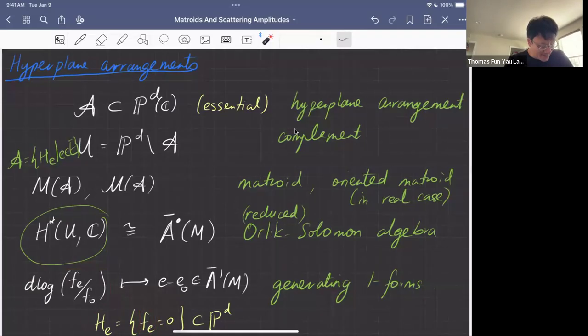If I take the linear function that cuts out a hyperplane, called Fe, then you can take as generating one-forms d log of these functions, but I put Fe over F0.